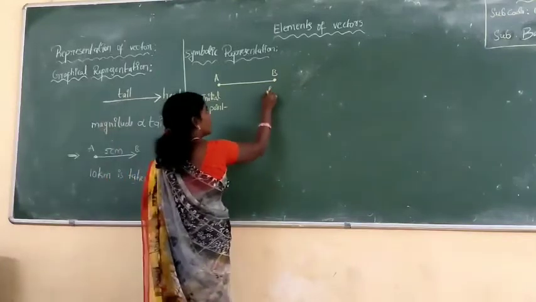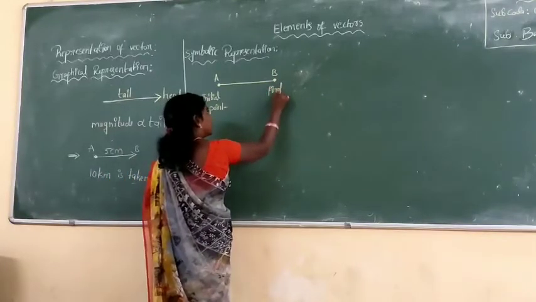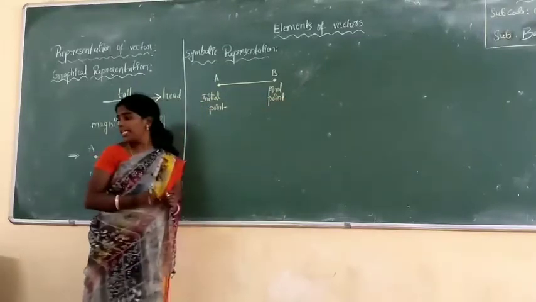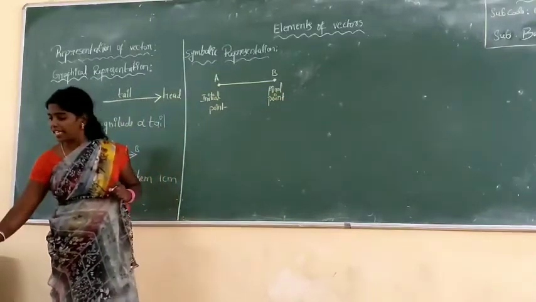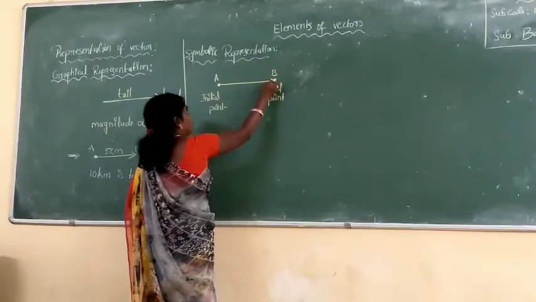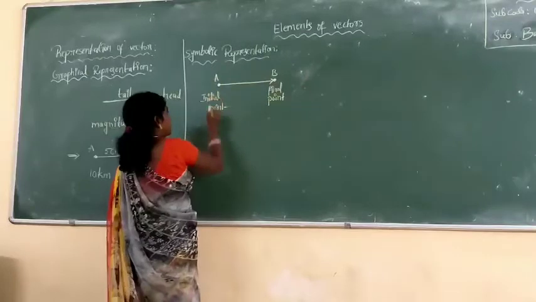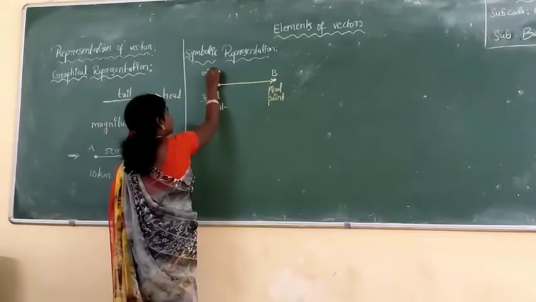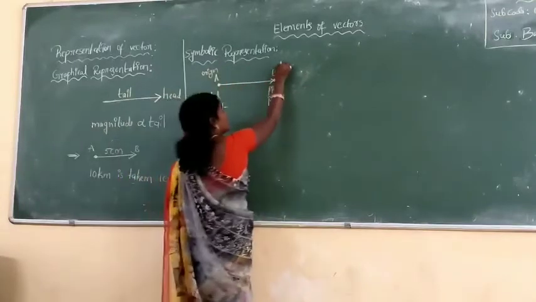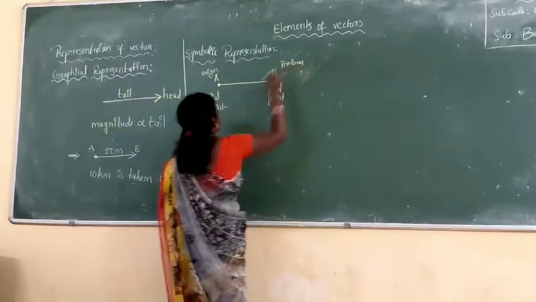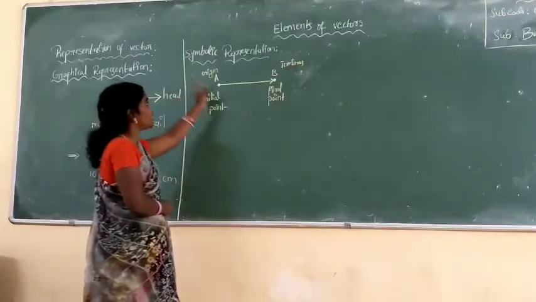This is the final point. Initial point and final point. The initial point is also called the origin. This is the terminus. So look, how do we do the symbolic representation? Dot.